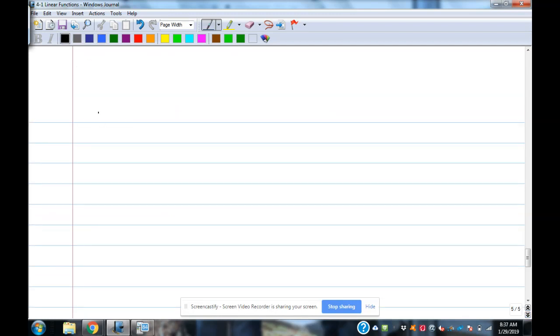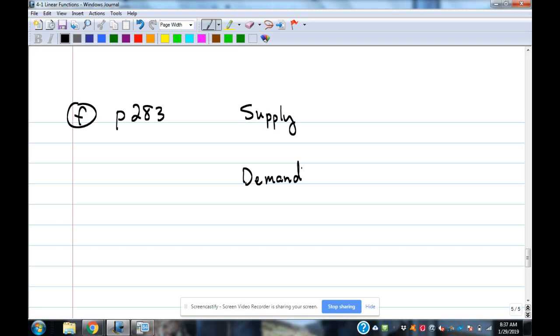Next one. Let's do example F, I guess, or this is actually on page 283, and I didn't get a picture of this one. I meant to. Supply and demand. Look at page 283, example 5. There, they give us supply and demand functions that we want to use.